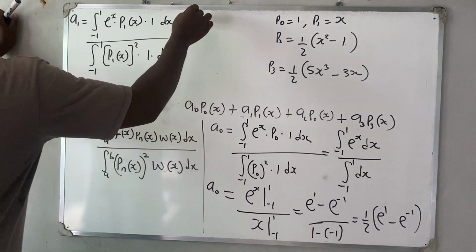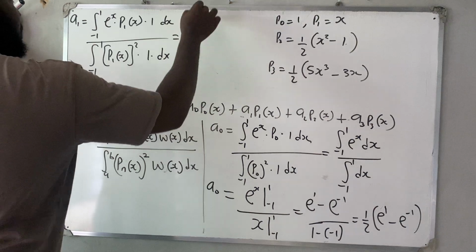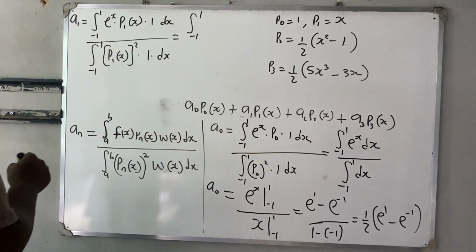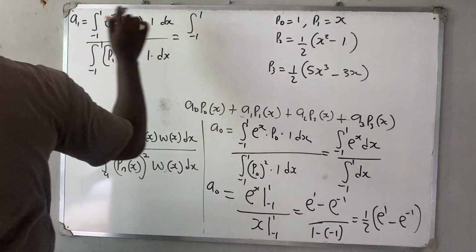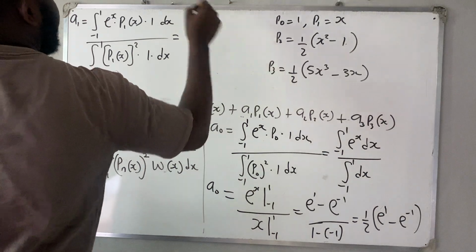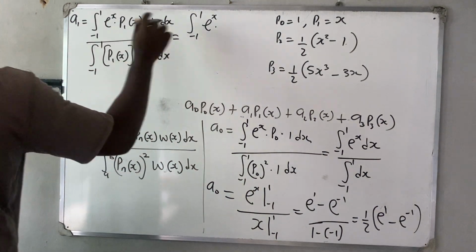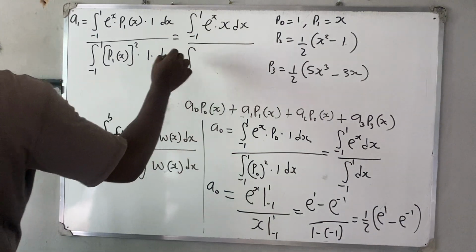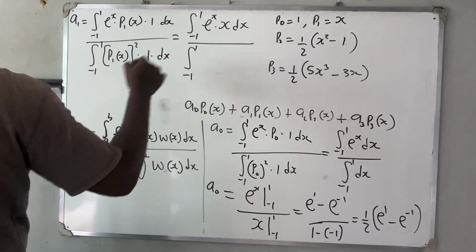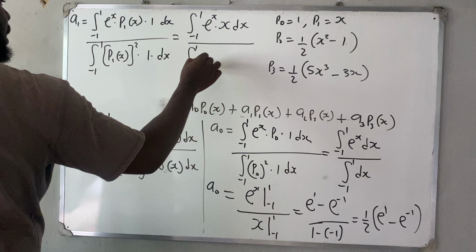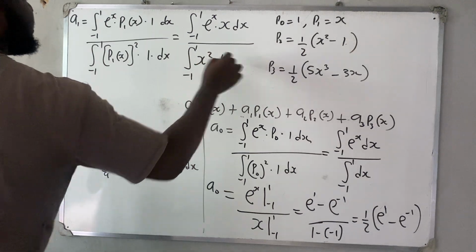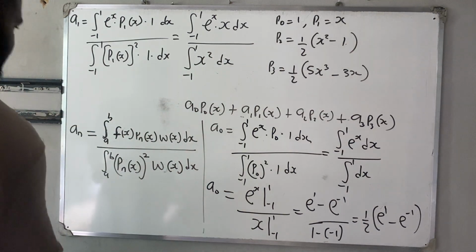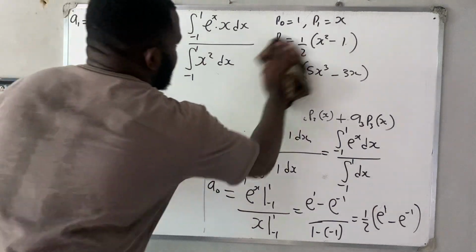So which will give us the integral from minus 1 to 1 of exponential x multiplied by x, all over the integral again from minus 1 to 1 of x squared dx.